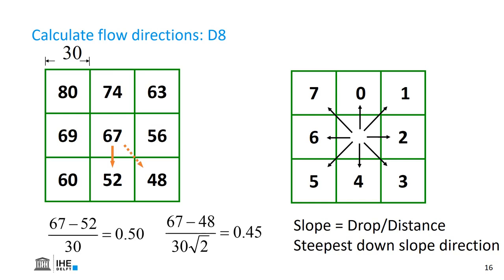If we would consider the diagonal, the drop will be 67 minus 48, but the distance is not anymore 30 because we have to apply Pythagoras. The diagonal distance is longer than horizontal or vertical distance. Therefore we use 30 square root 2, and this results in 0.45. So the correct answer of the flow direction was number 4. It's the direction to the south.